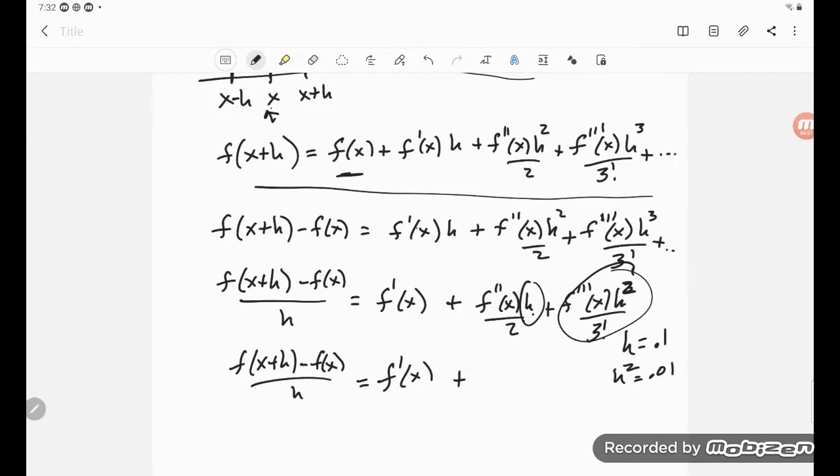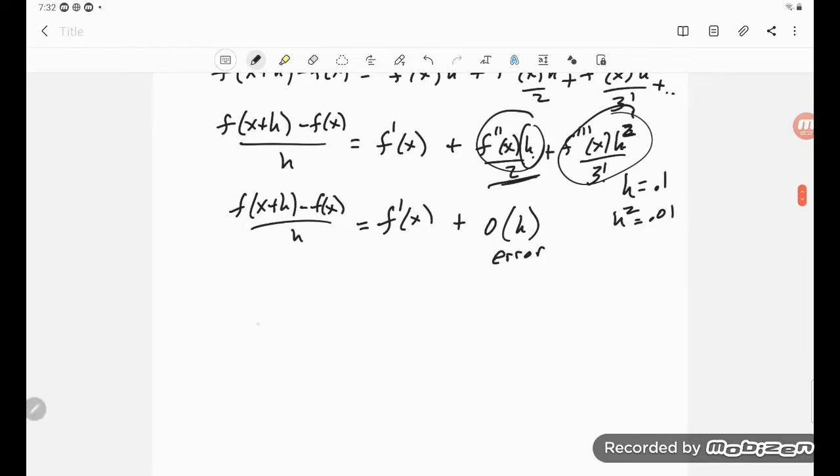So these terms become much, much smaller than this term. And the way we would talk about that error is we would say big O of h. Okay, we've got some constant, f double prime of x, times h as our main term. So we call that big O of h for our error. Okay, so our error has to do with how big our delta x is.